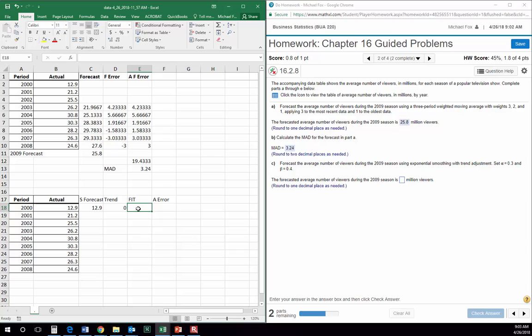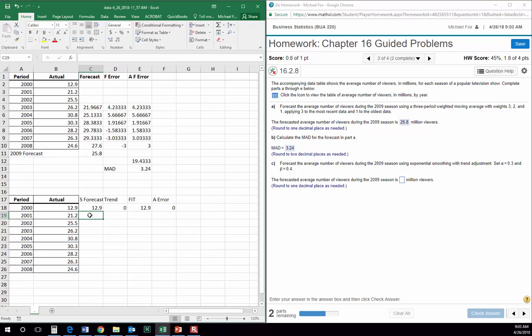Our FIT is always equal to our smooth forecast plus the trend. And our absolute error is the absolute value of our actual minus our FIT. And that's always going to be 0 in that first year. And actually, it's not even really a 0. It's we didn't have the data to calculate it correctly, but it still means it comes out to 0.